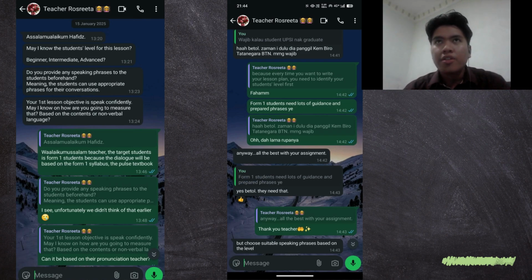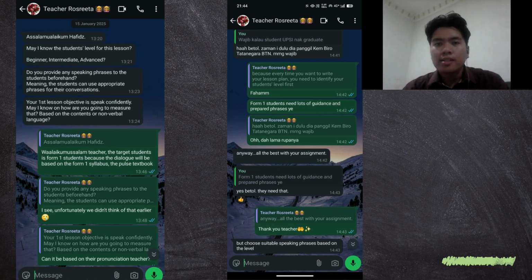Having those phrases can help them engage in actual conversations more easily and makes it less threatening to speak in English with other people.